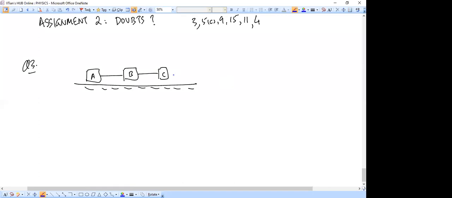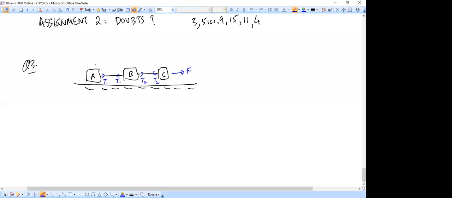Suppose you're pulling this with a force F. And this tension is T2, and this tension is T1. And the masses are given to you.